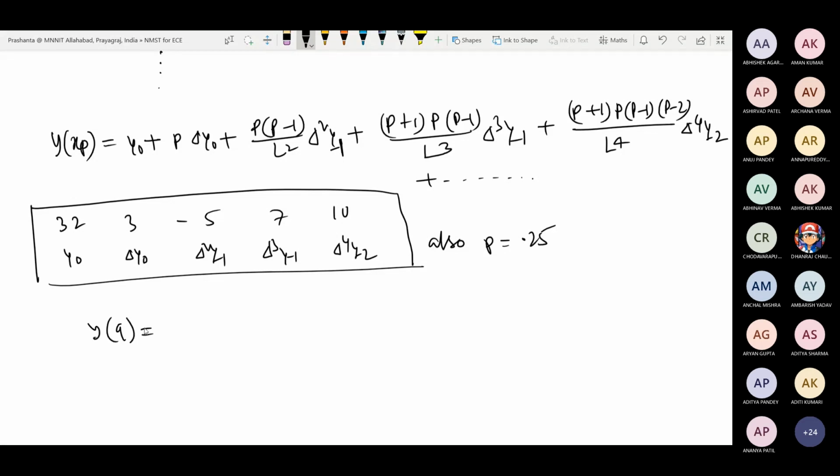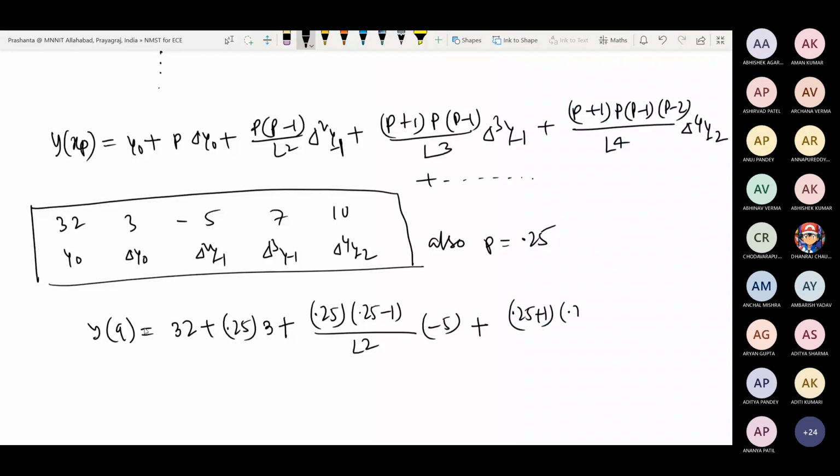Y of 9 will be Y naught is 32 plus 0.25 into delta Y naught, which is 3, plus 0.25 into 0.25 minus 1 by factorial 2 del square Y minus 1. Del square Y minus 1 is minus 5, plus P plus 1, so 0.25 plus 1, 0.25 minus 1 by factorial 3 del cube Y minus 1, which is 7, plus one more term.